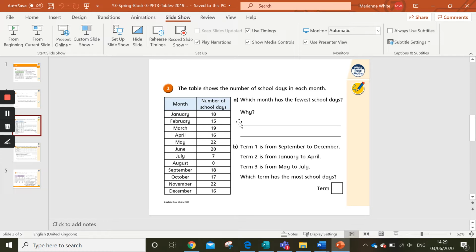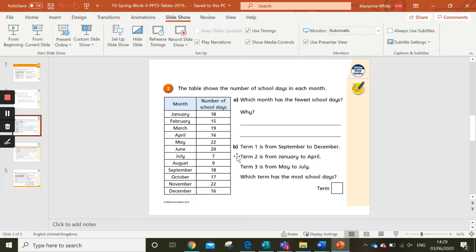Question A, which month has the fewest school days and why? Remember, fewest means the smallest, so have a look through the table, which month has the fewest number of days in school, and then have a think why that might be.